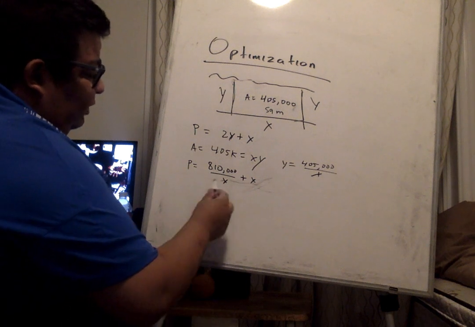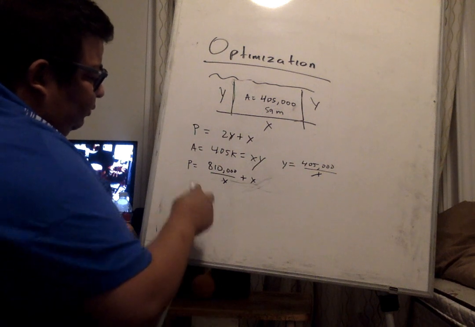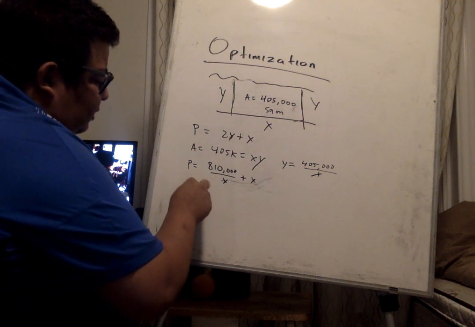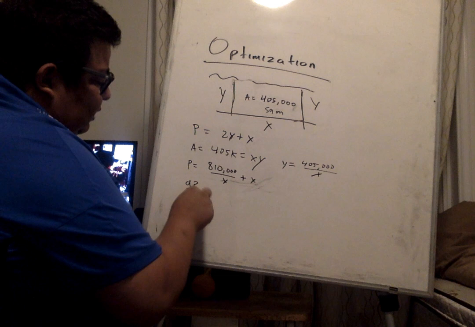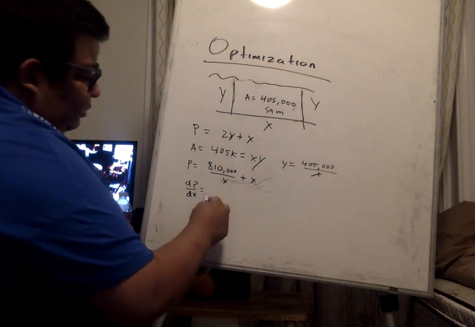So to find the optimized values, we have to take the derivative and find the minimum. Okay, so that would be dP/dx is equal to, so we take the derivative of the first term.